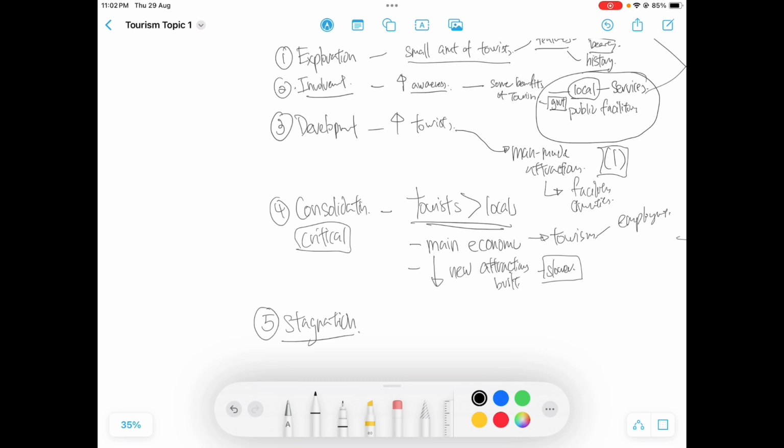For stagnation, tourist numbers have peaked. Stagnation means tourism has peaked. Tourism has reached a very important idea here, the carrying capacity.